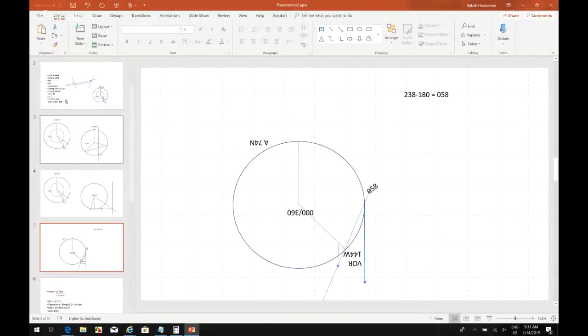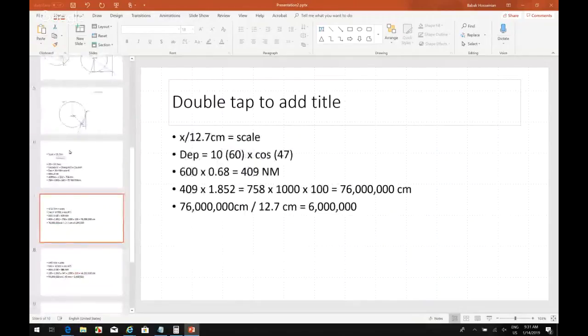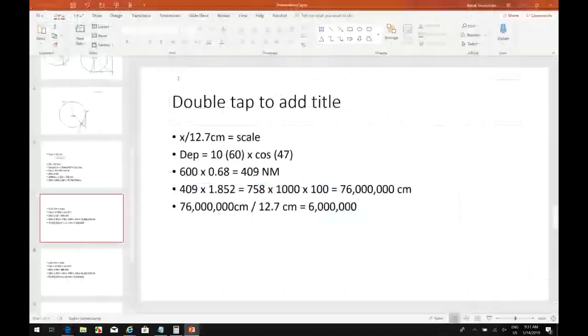This might be the wrong one. Okay, so a VOR situated at position 74 north. Go down here.